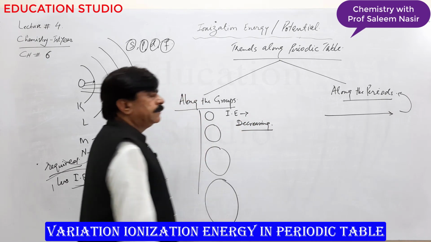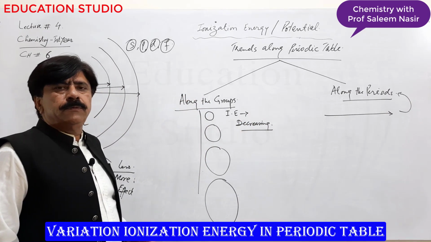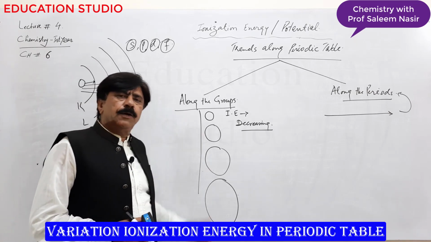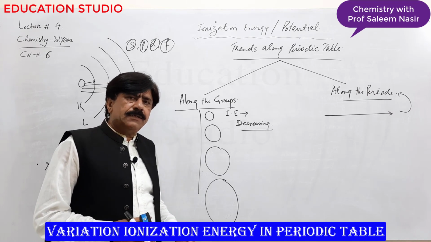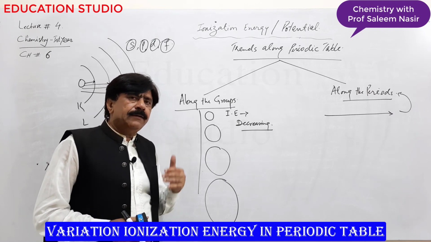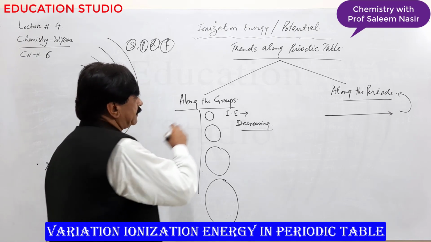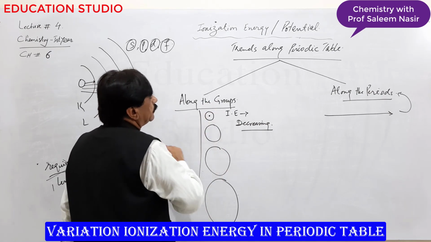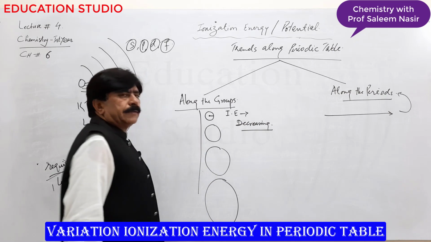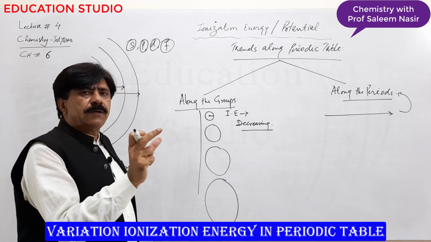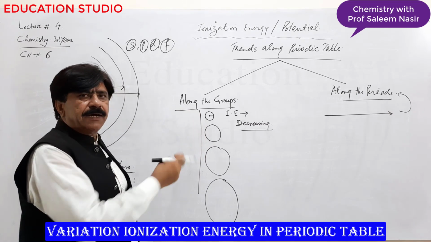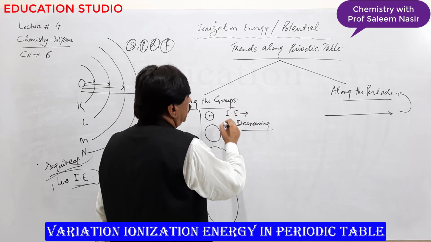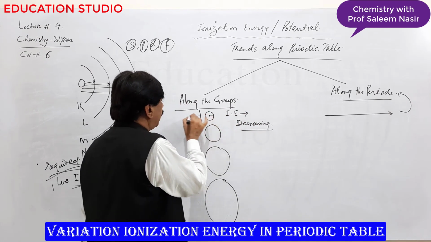The reason is the factors I have already told you which influence the ionization energy: the atomic radius, the nuclear charge, the shielding effect and the nature of the orbital. So the first atom has a smaller atomic radius, more nuclear charge, less shielding effect. So the ionization energy is high for that.